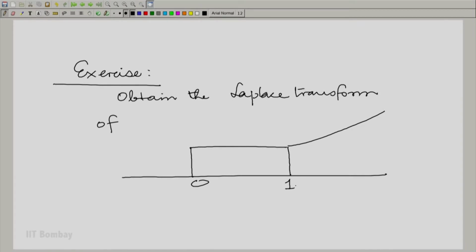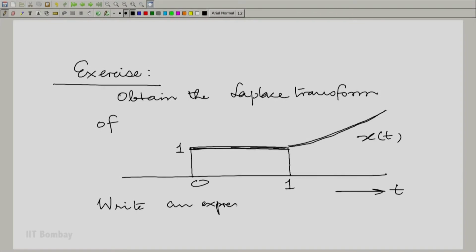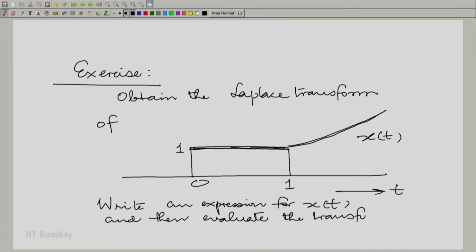So, you could think of a signal which begins at t equal to 0 with a value of 1, it continues to have the value of 1, I am darkening it all this while, up to t equal to 1, and then grows exponentially from that point onwards. First, write the expression for this waveform and then find the integral.